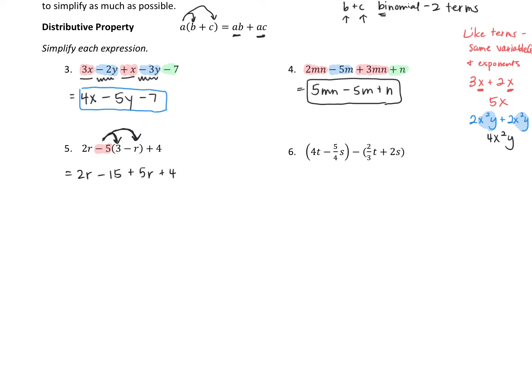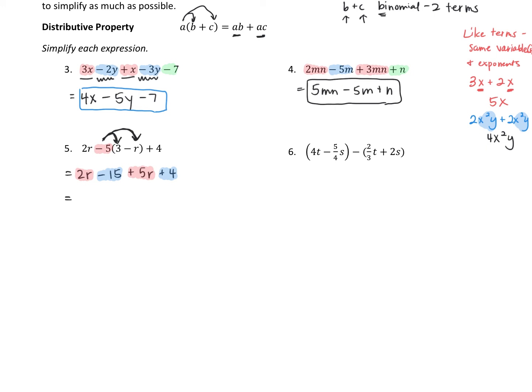After we use the distributive property, and we have no parentheses left, we can now start trying to add like terms. So I have a 2r plus 5r, those are like terms, and a negative 15 and a plus 4. Those are like terms. Those are both constants. So now I'm going to combine my like terms.